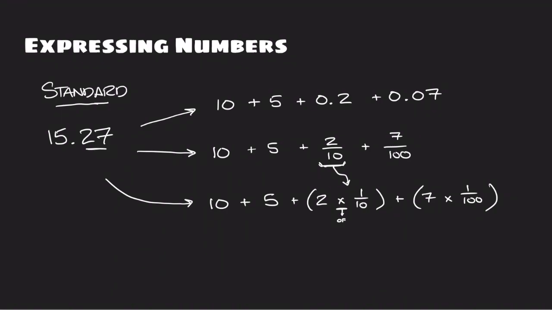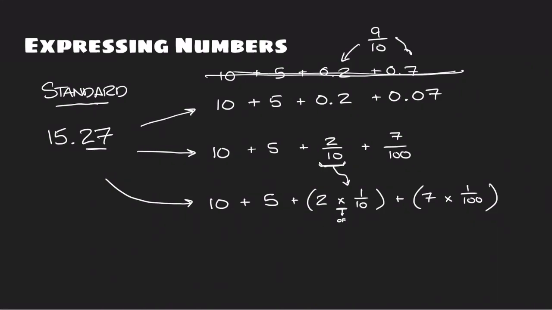Things that you might see that could throw you for a loop is seeing 10 plus 5 plus 0.2 plus 0.7. Well, that's not the same, as you'll know that there are 2/10 and 7/10. Well, that should be 9/10 there, and that's not, this would be wrong. You want to make sure in that hundredths place, I'm sorry, that you've got a 0 there in the tenths place, okay?